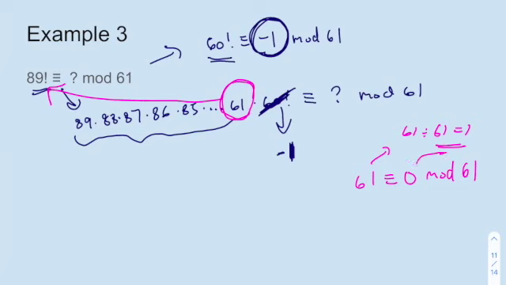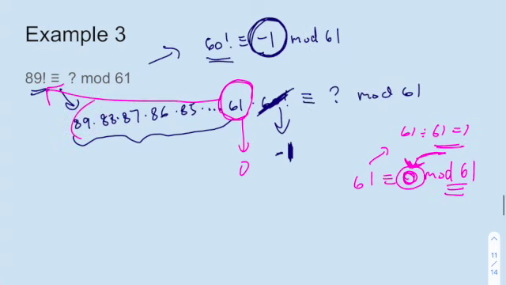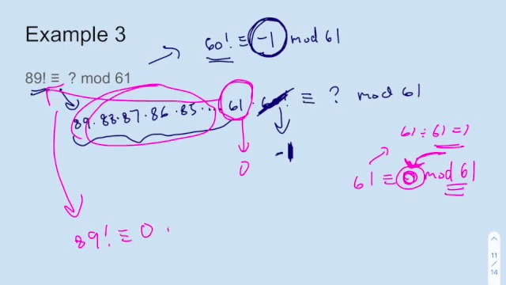So basically, the remainder is 0 in this case, so that's why it's congruent to 0 in mod 61. So everything in front of it multiplied by 0 is just going to be 0. So the answer to this problem will just be 0 mod 61.